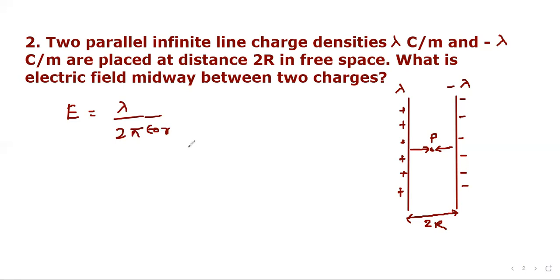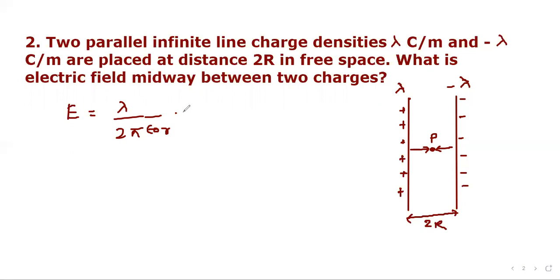So here we know that in the right of the wire, the sign of lambda remains same, but in the left, it becomes negative. So for this charge density lambda at the point P, electric field will be lambda divided by 2 pi epsilon naught r. And for this charge density minus lambda in the left side, we have to change its sign.